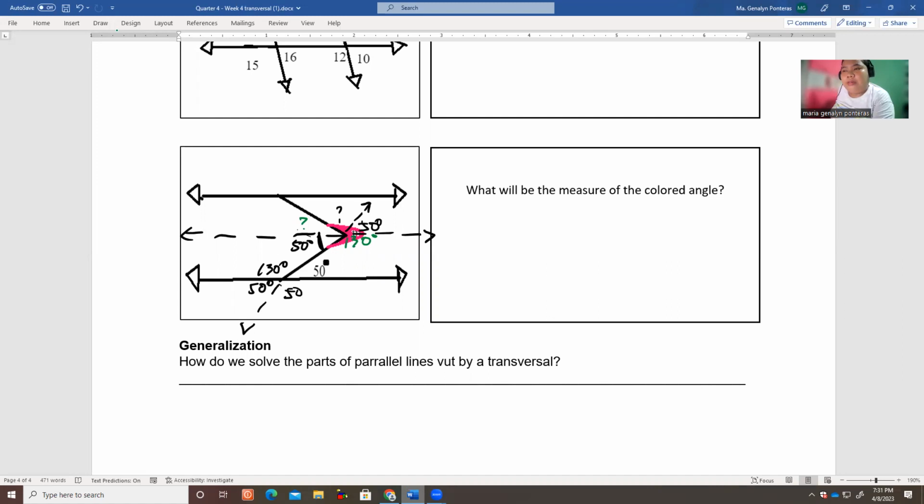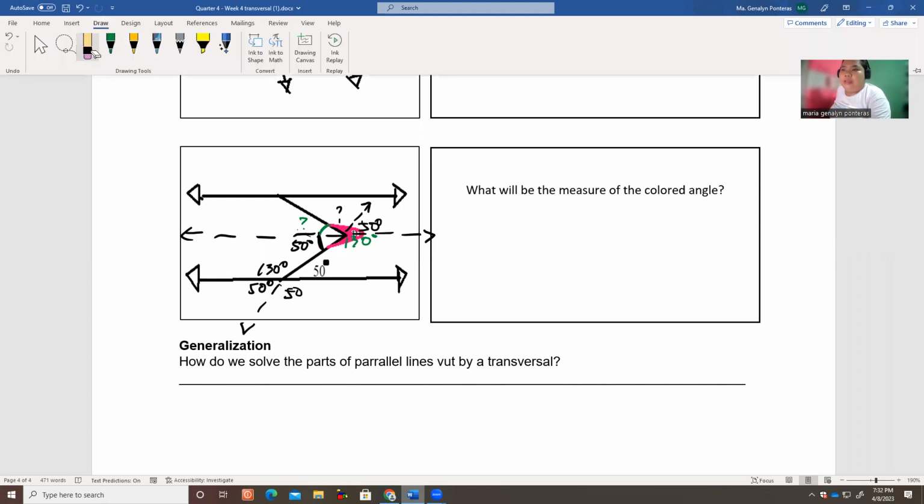So what we are going to do is draw another transversal again. So what would be the value of this one? Let's have another idea.